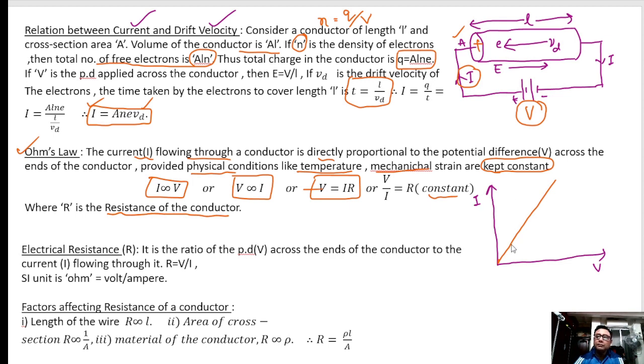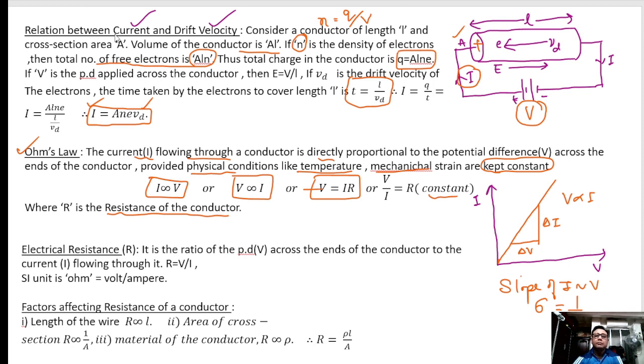So if I plot V versus I, the graph should be a straight line because V is proportional to I. Now remember, the slope of the I versus V graph will give you conductance, which is the reciprocal of the resistance.